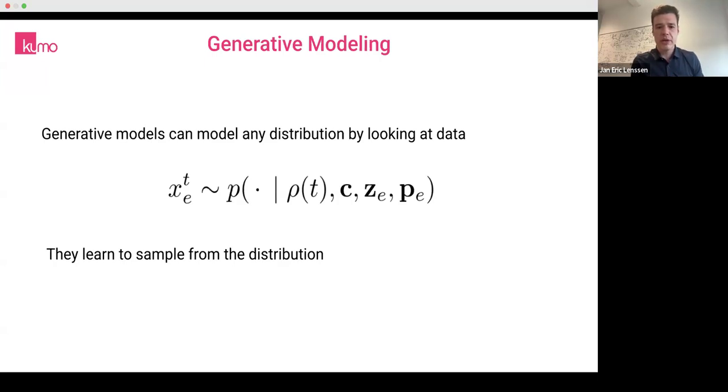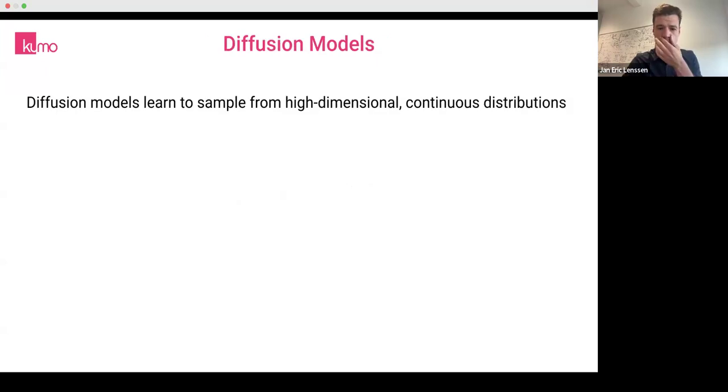Now, LLMs would require your output space to be discrete or somehow tokenized. So you would need a token set, a tokenizer. So that's why in here we were going to look at a different approach, which are diffusion models. Because diffusion models actually can learn to sample from very high dimensional and continuous distributions, making it quite general.